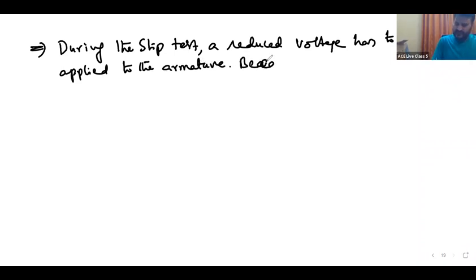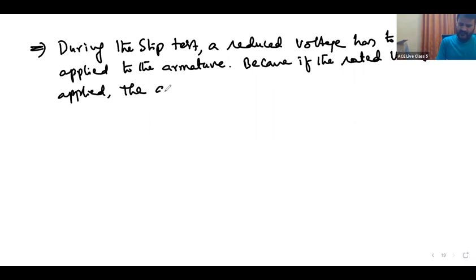Because if the rated voltage is applied, the armature current will be much more.